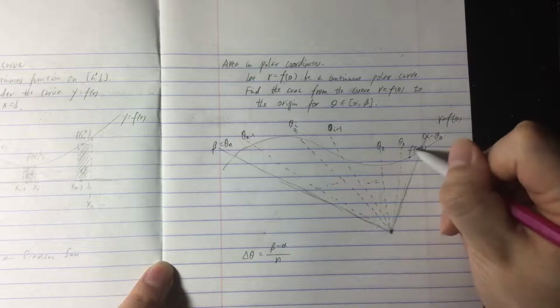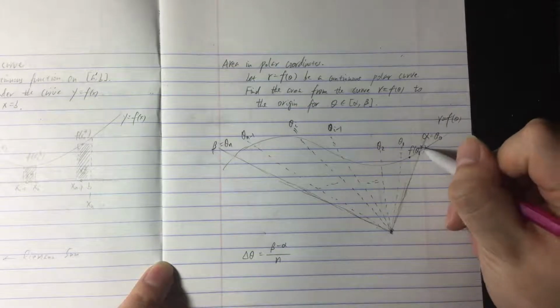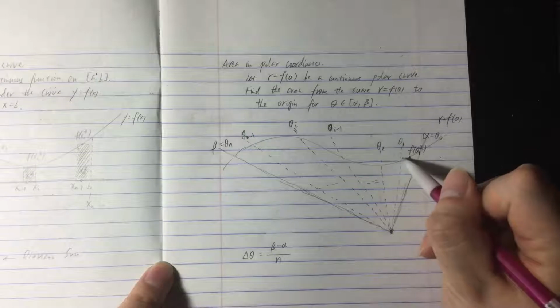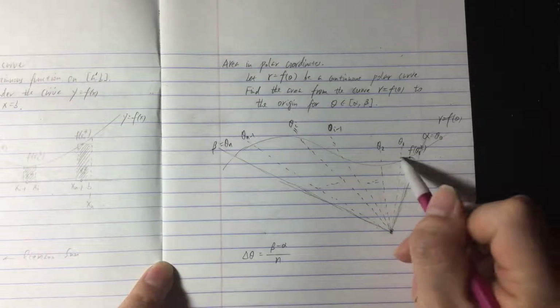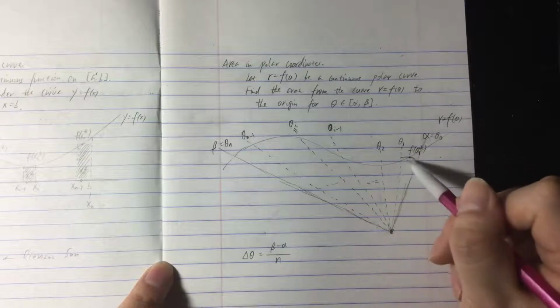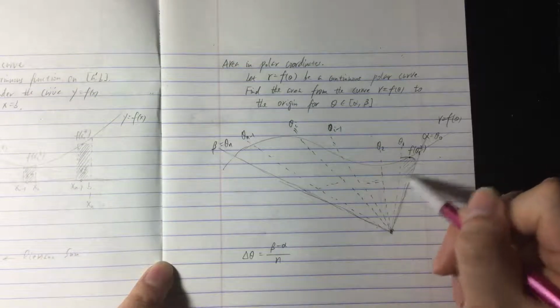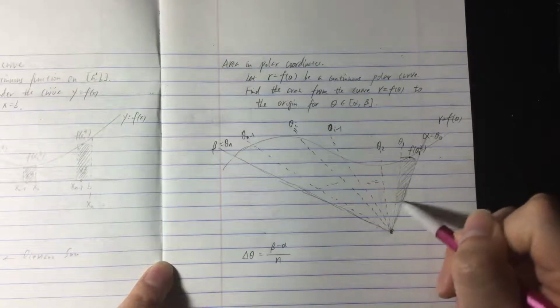The point on the curve is f of theta 1 star. Then we use theta 1 star to draw a circular sector, and use this circular sector to approximate the area here.